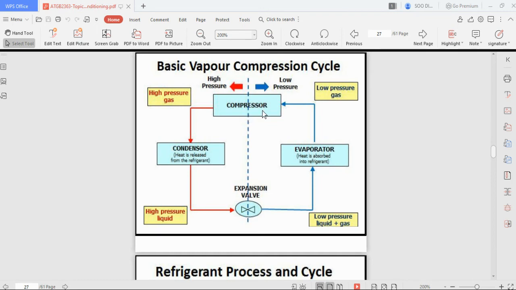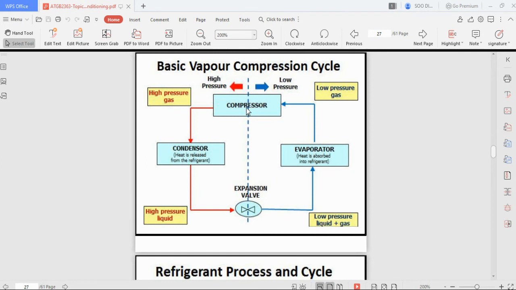When the compressor increases the pressure, the gas will change into some sort of liquid state. Once all the heat is released at the condenser, it will move to the expansion valve. This will cause the refrigerant liquid to expand to become some sort of liquid gas.